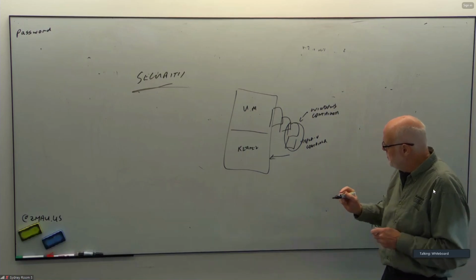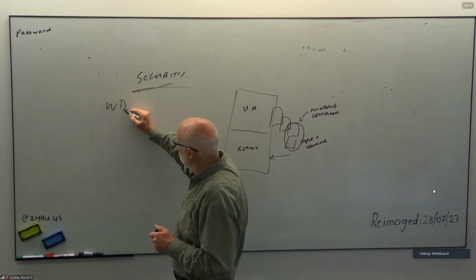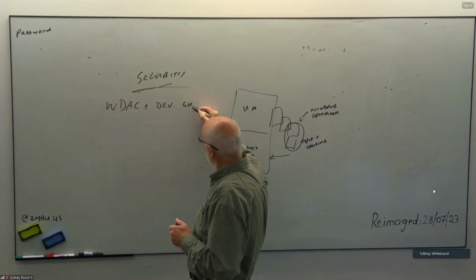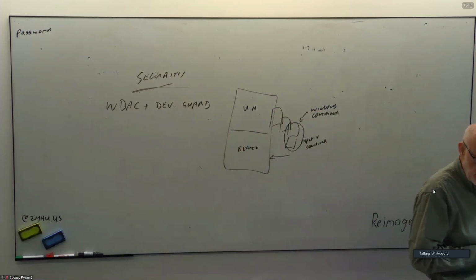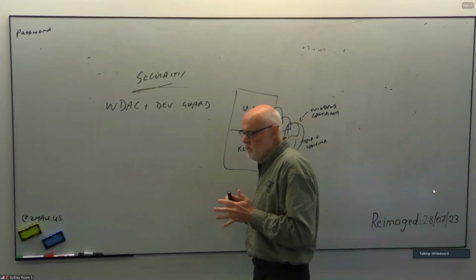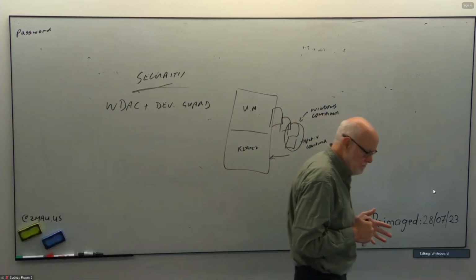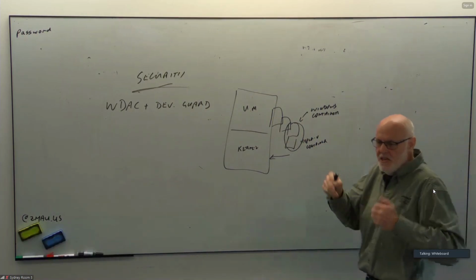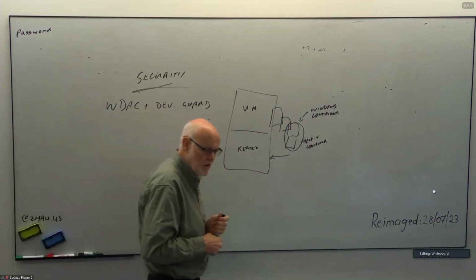So we saw there what we could do is we could go and define something called WDAC plus device guard, which just used to be called device guard originally. So what was that all about? Well, that was where I might have an administrator terminal, and because I'm logging on with administrative credentials, maybe domain administrator, hopefully not, but at least administrative credentials, because I've done some role-based access control.